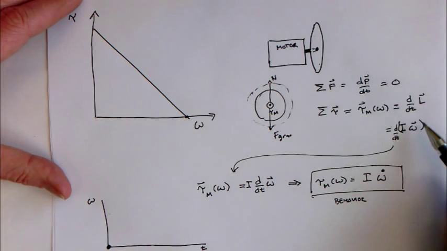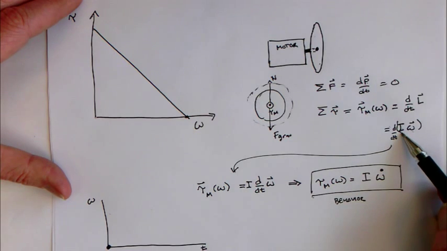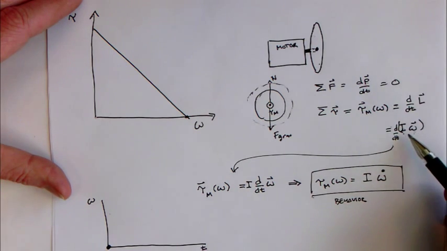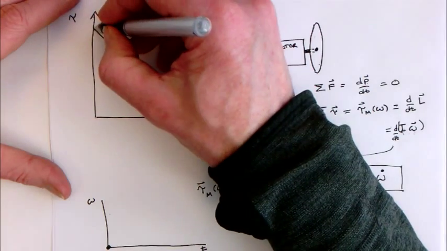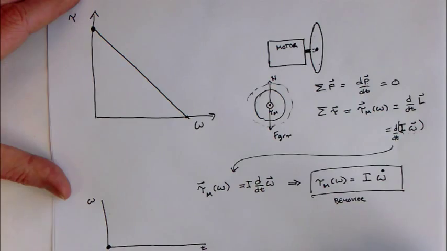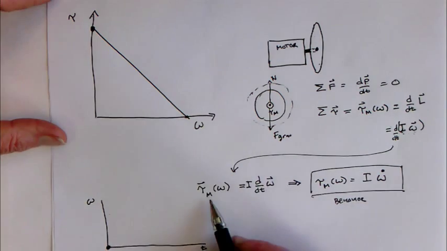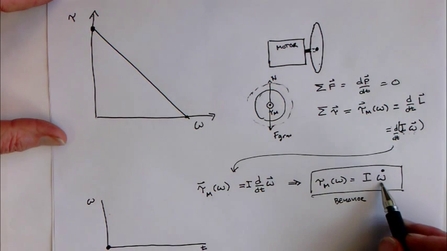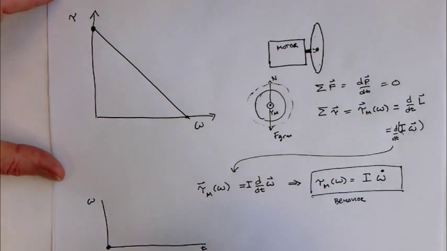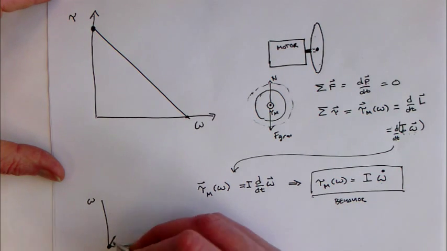Omega can't change instantaneously because omega tells me what the angular momentum is, and angular momentum can't change instantaneously. So initially omega is 0, and so I'm going to get a lot of torque. When I first connect the switch, a lot of current flows into the motor. That gives me a large magnetic force, which is turned into a magnetic torque that wants to turn that wheel. And so the torque initially is high. That's going to lead to a relatively large time derivative for omega. So initially omega is going to go up pretty fast.